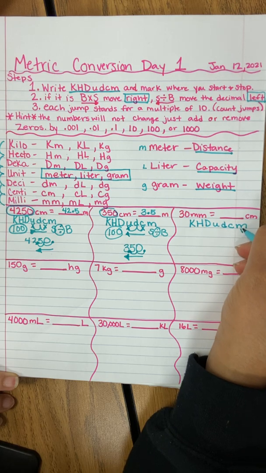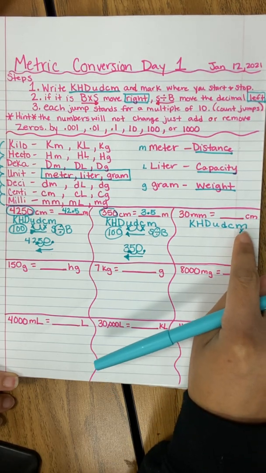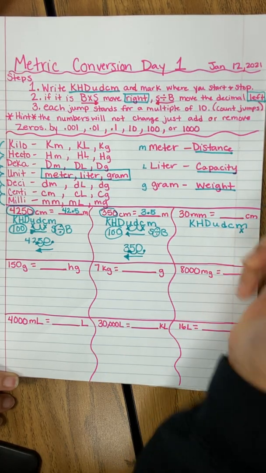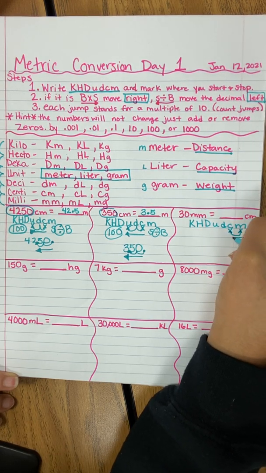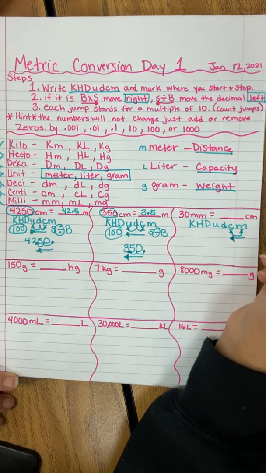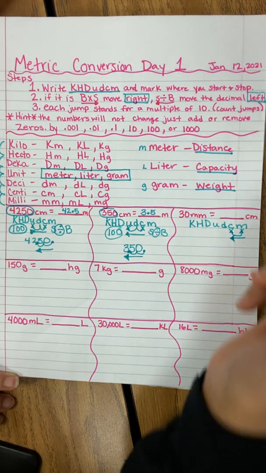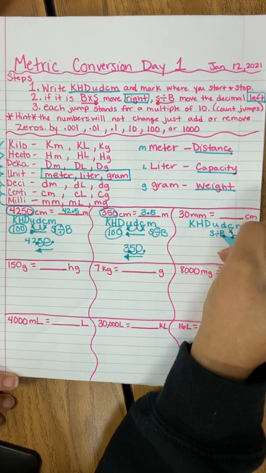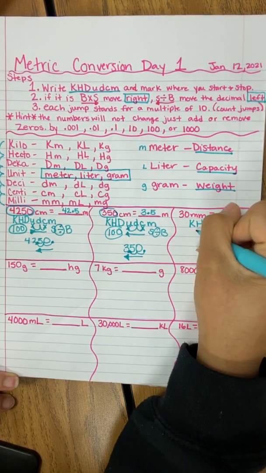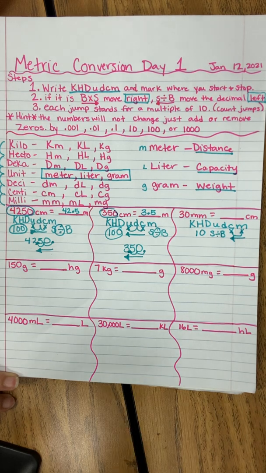Now, that millimeter is going to be right here. Centimeter is going to be right here. That's only 1 jump. I'm still going to move to my left. So this is small to big. 1 jump is only worth 10.